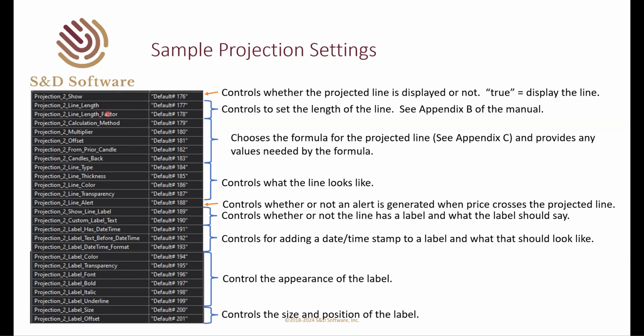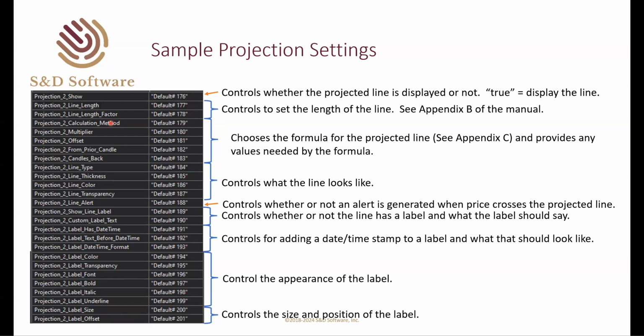And just like for the regular lines we looked at a moment ago, you have your settings that indicate how long the line should be, where the line should end essentially. But now we have the extra settings and calculation method. This is the formula from Appendix C that you want to use to create this line.